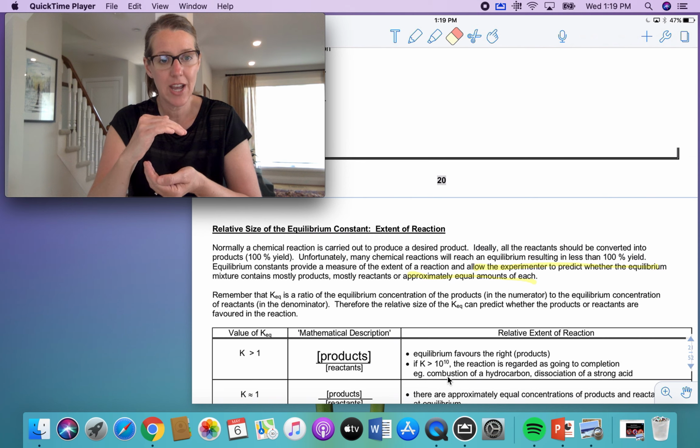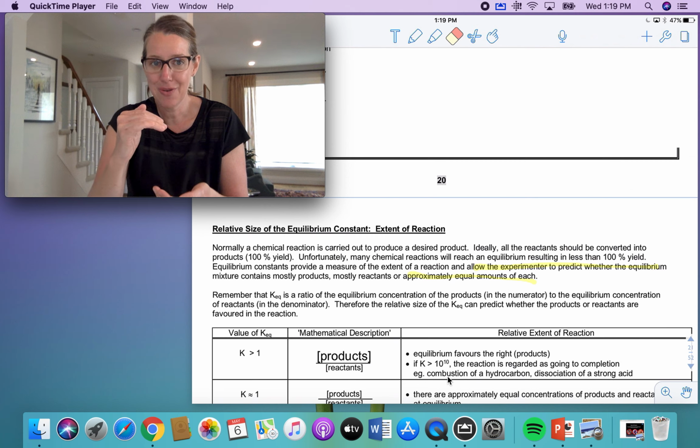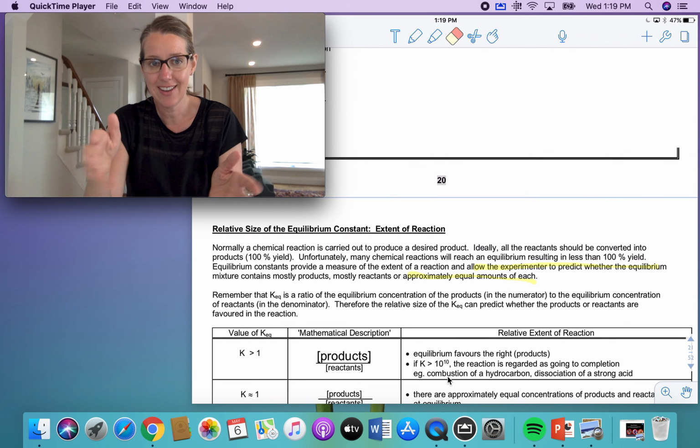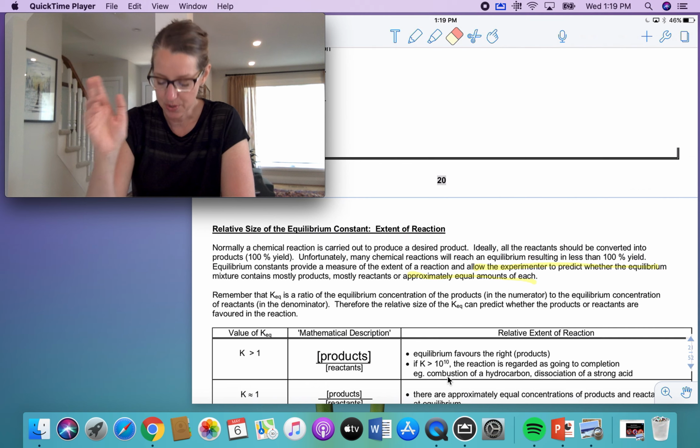Or is this reaction at equilibrium? Because once the rate of the forward reaction is equal to the rate of the reverse, the concentrations will calculate out mathematically to a value of 1 if that system is at equilibrium, okay?